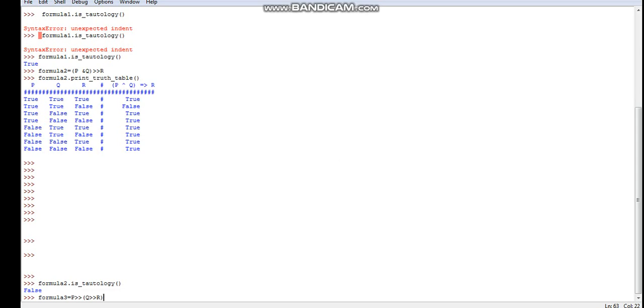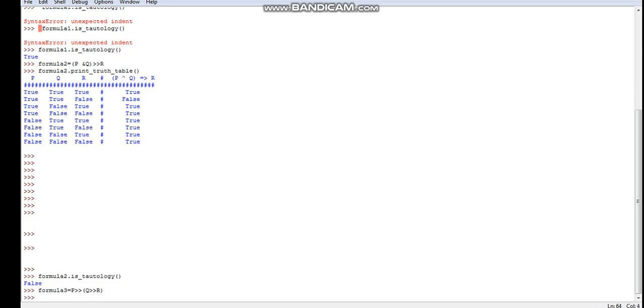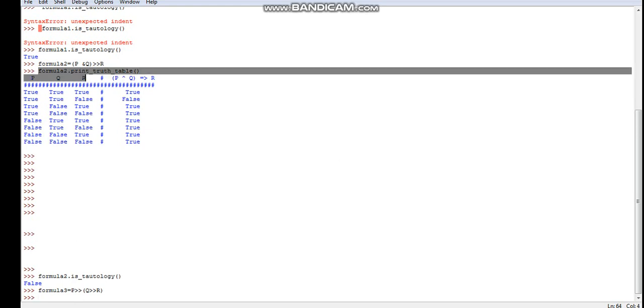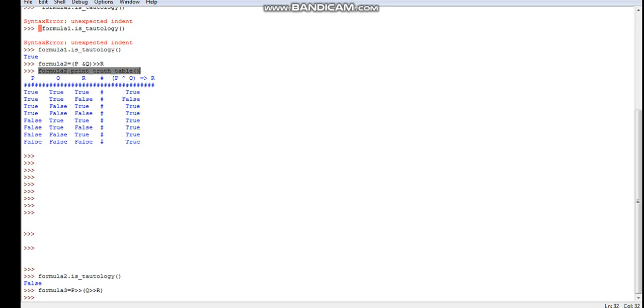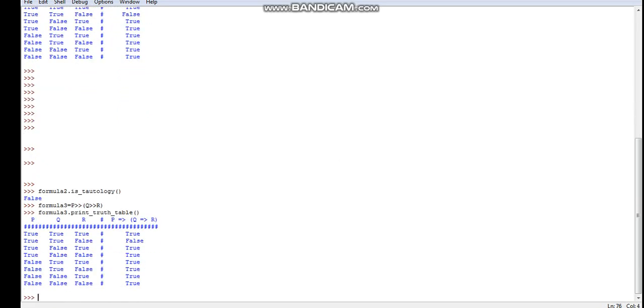Let's work on another formula. Formula 3, which is P implies Q implies R. Let's print the truth table for formula 3 and find its tautology. Its tautology would be false because one false is coming in the output.